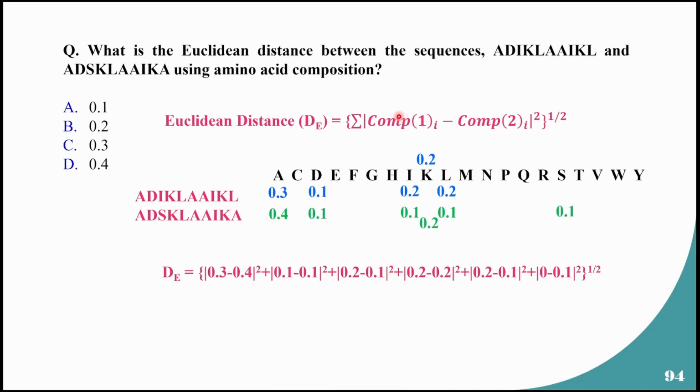But instead of simply comp 1 minus comp 2 and adding them together, you take comp 1 minus comp 2 and square it, then sum the outputs, and then take the square root of the entire thing. Firstly square, then the summation, and then the square root. That will give you a Euclidean distance. In this case 0.2 is the Euclidean distance. So remember this Euclidean distance formula also.